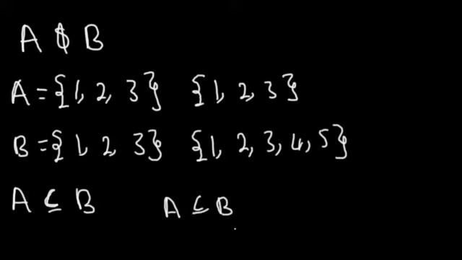Now this particular example brings the idea of what we call a proper set. Proper set, when do we have a proper set? We have a proper set when a particular set is a subset of another set and there is at least a difference of one element between them.